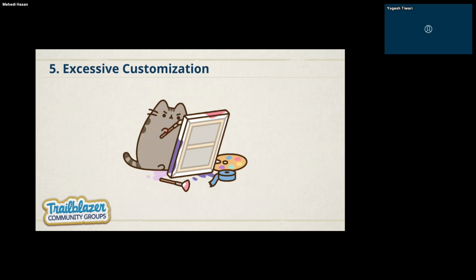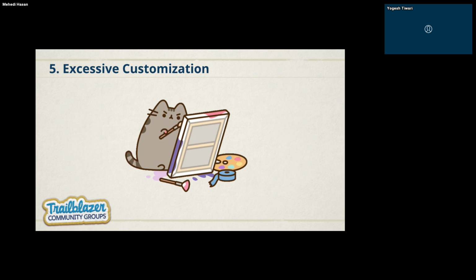Okay, so let's go to the next one: excessive customization. As you all know, Salesforce doesn't recommend excessive customization. For example, they have implemented lots of standard objects for you, right? You don't necessarily need to create a new object named account or opportunity. These are already there. Also, I saw in some place they implemented the whole approval process as a custom implementation.